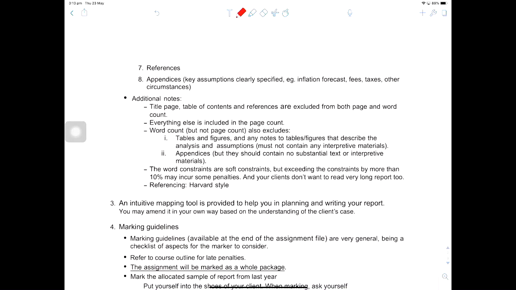So with that, that's one way to structure your report. Of course, if you want to use other ways of presenting your analysis method or asset allocation advice, it's all your decision. I do not prescribe how you might construct this report.